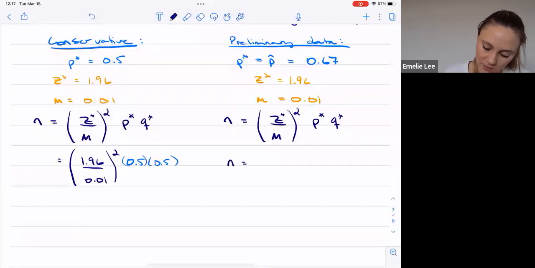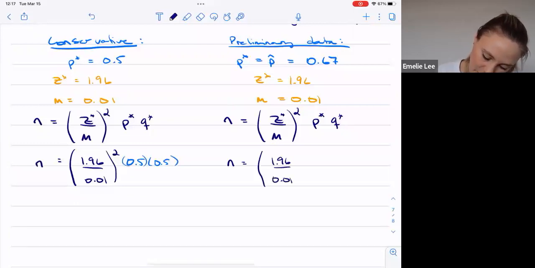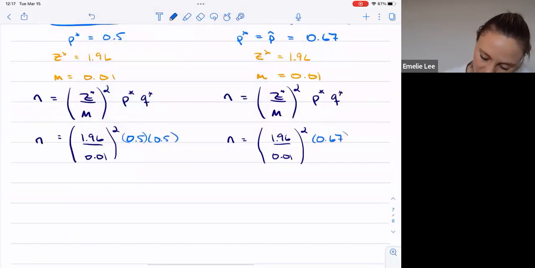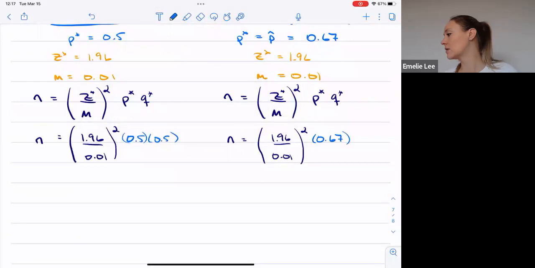Whereas in the preliminary data approach, I have the same information, 1.96 over 0.01 squared, but I use p hat instead of 0.5. So then I have 0.67 and 0.33.